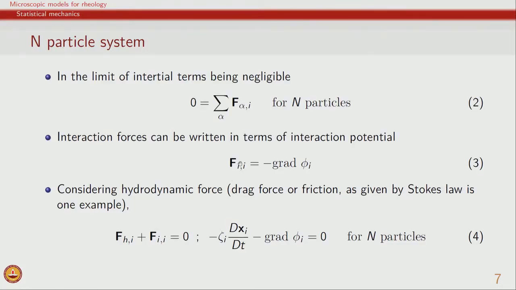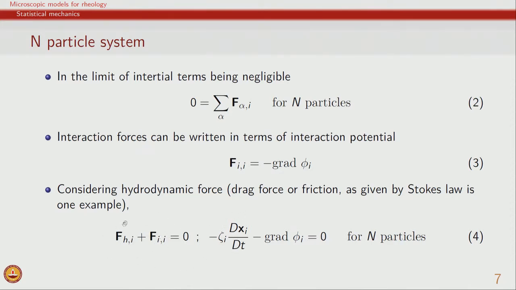And so, if we look at the Gavani equation now in a case where there is only hydrodynamic force, and let us assume that that is given by the drag force or friction, and we only have an interaction which is based on the potential phi I, then the overall Gavani equation will be the hydrodynamic interaction force and then the forces of interaction.